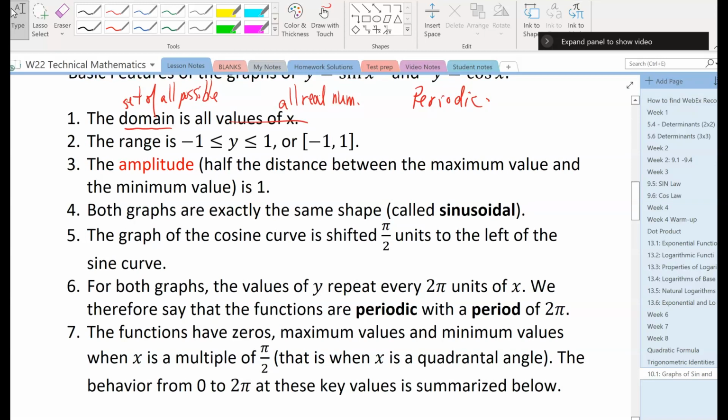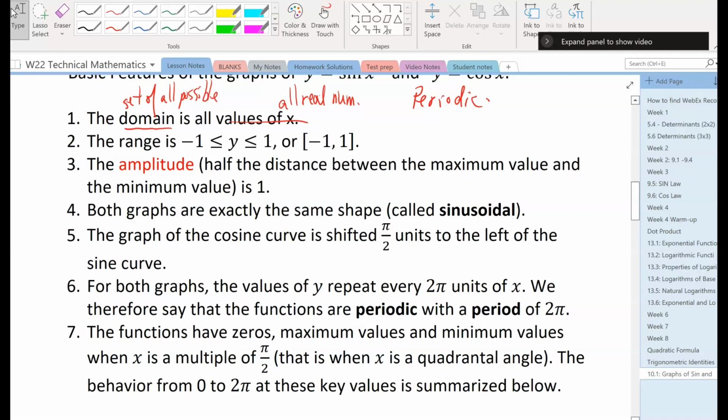The amplitude is half the distance between the max and the min. So it's a 1. Since the distance between -1 and +1 is 2, the amplitude is half of that, which is 1. Both graphs are exactly the same, and we call them sinusoidal.